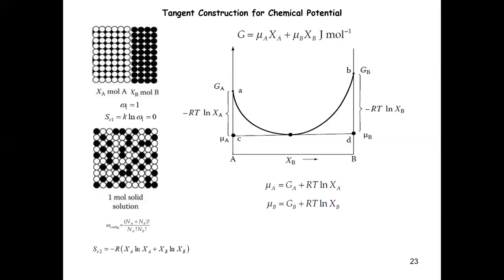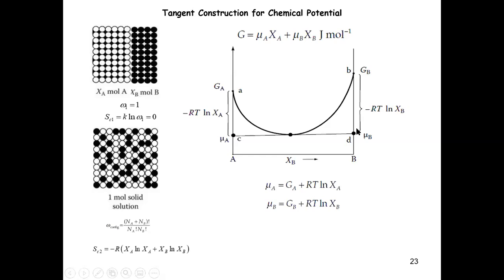One thing you can see very easily is, again, just a simple way to see why this is the case, not the rigorous way. Assume that mu A and mu B are not changing, they are constant. If I just take a derivative of this free energy functional with respect to XB, for example, I literally get this straight line with these two intersections being mu A and mu B. That's the easy way to see this.